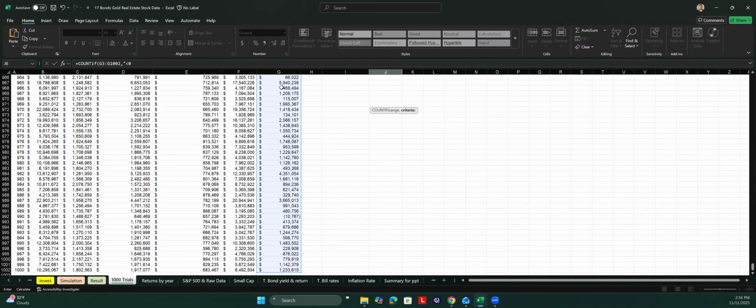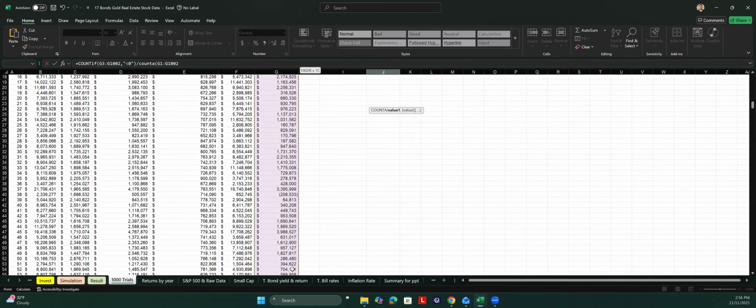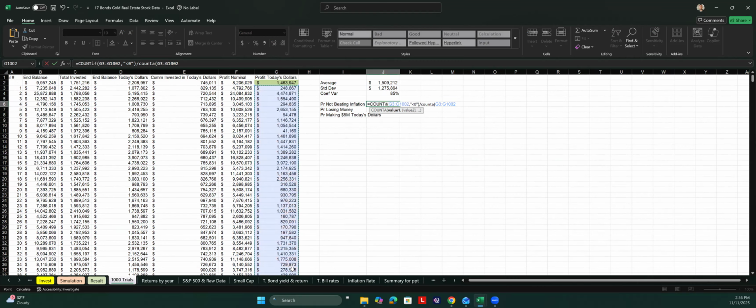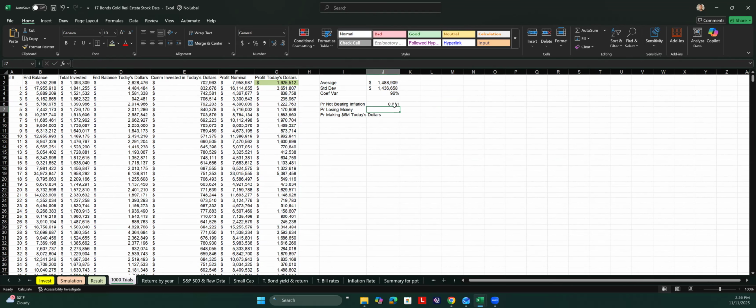That means that we couldn't beat the inflation. Divide by count of number of entries. So the probability of not beating inflation is around 3%.